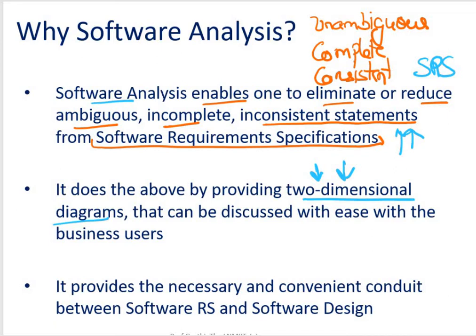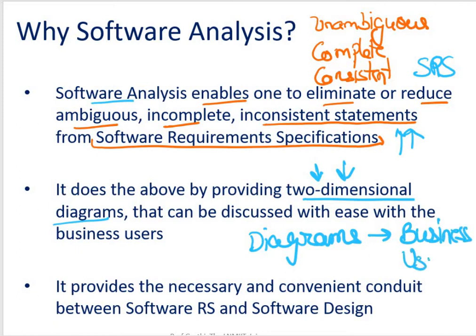That means we'll be representing these diagrams in front of my business users so that the discussion can be done with ease and my business users can also get a feel and idea about what exactly the things were mentioned in SRS, and if there is some ambiguity or inconsistency or incompleteness, then we can take a call on it.